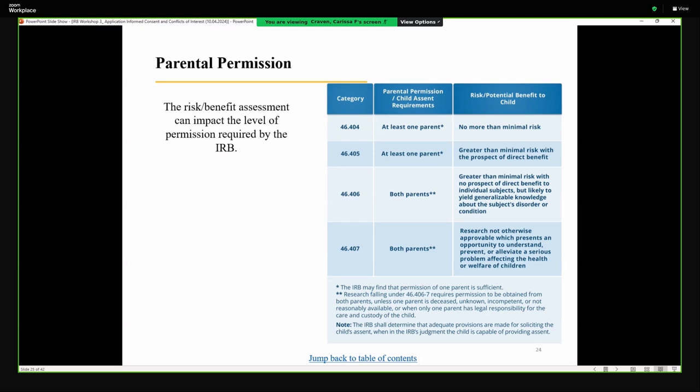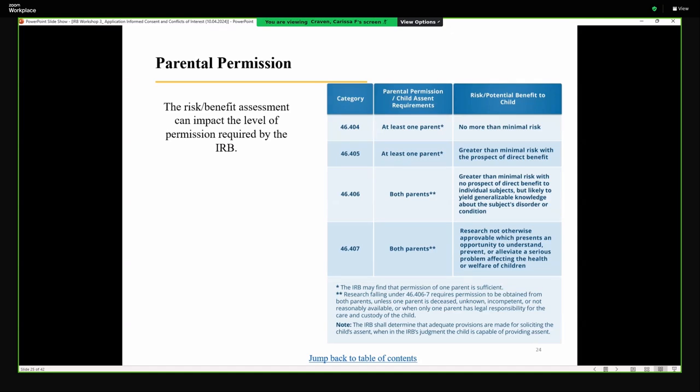If there is greater than minimal risk and the child does not directly benefit, but it should yield generalizable knowledge to potential future subjects about a disorder or condition, both parents should be signing that unless one parent is deceased, not known, incompetent, not available, or if only one parent has sole custody and legal responsibility.